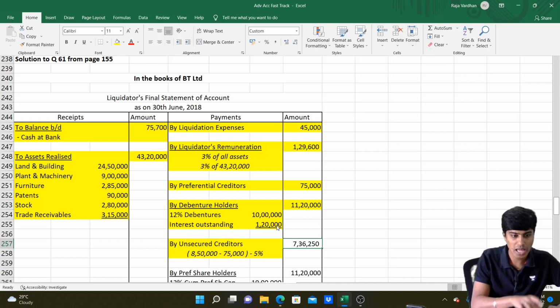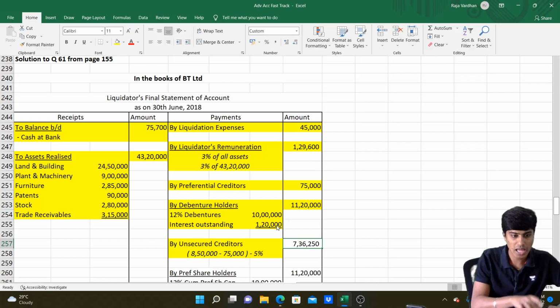After this we'll pay preference shareholders. How much should we pay to preference shareholders? They are to be paid 10 lakh rupees: 12% cumulative preference share capital, 10 lakh.